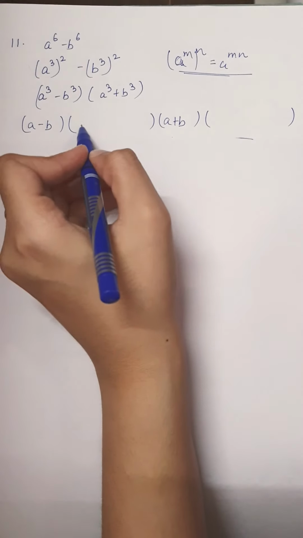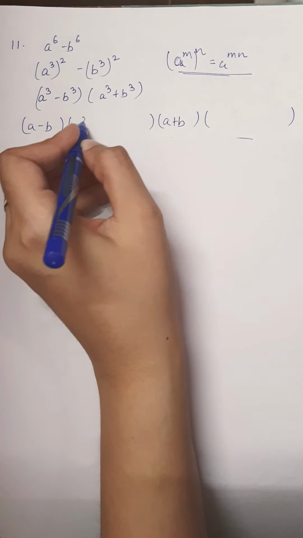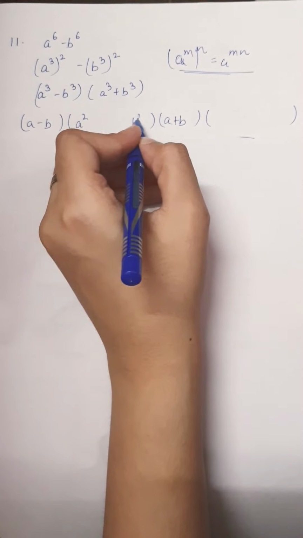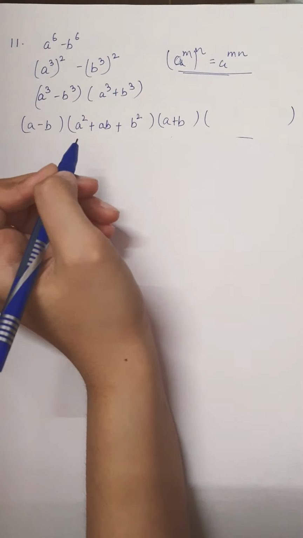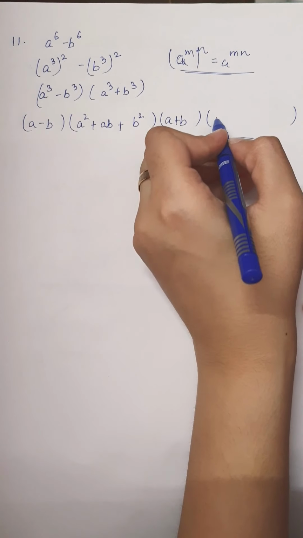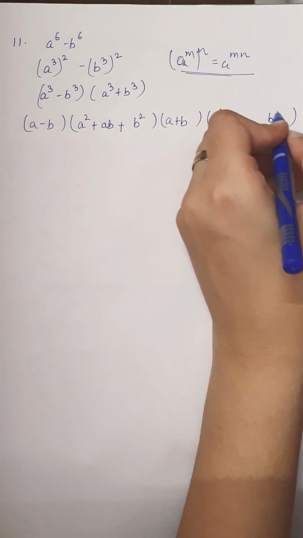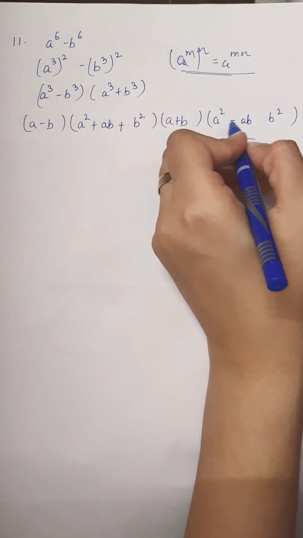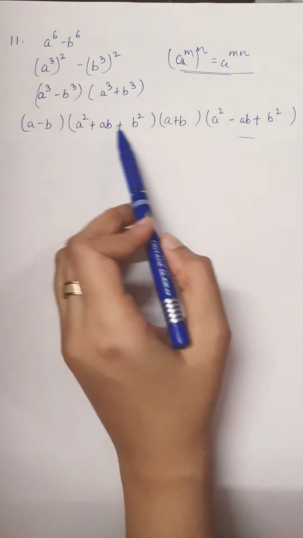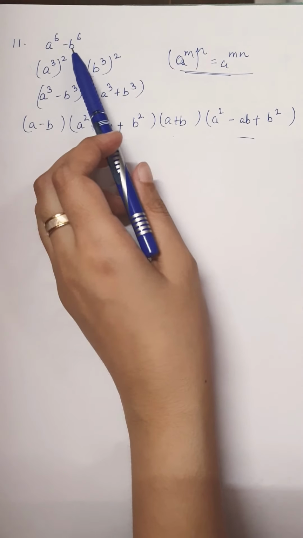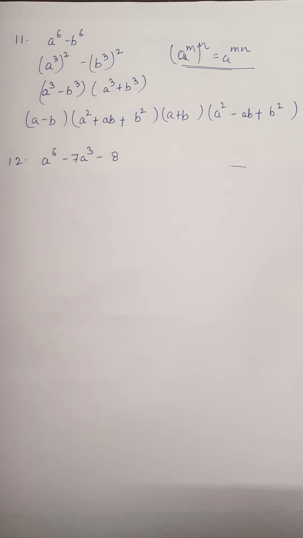Now here a square, b square and ab with all positive sign, and here a square, b square and ab with one negative and one positive sign. So ultimately I have 4 factors, 1 2 3 4 factors of the given expression.